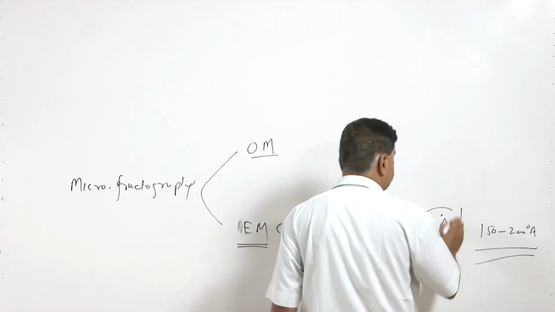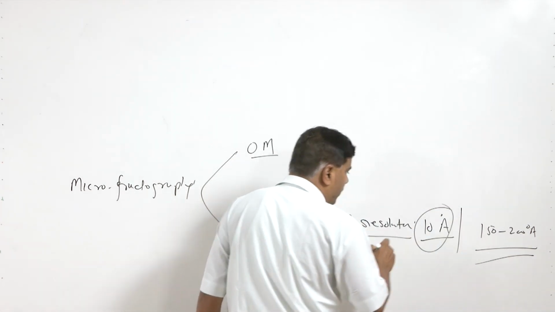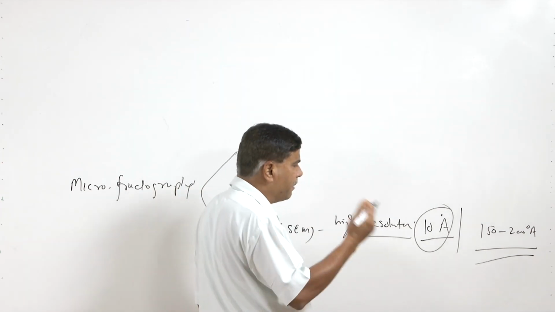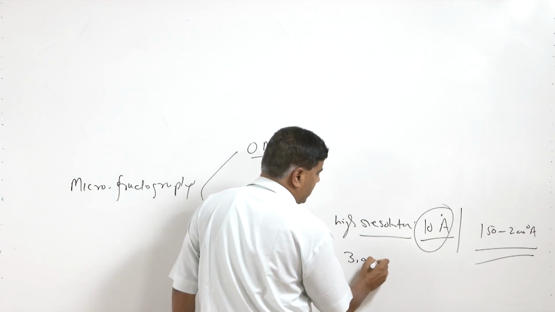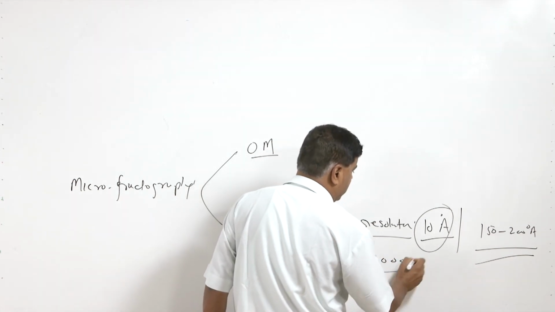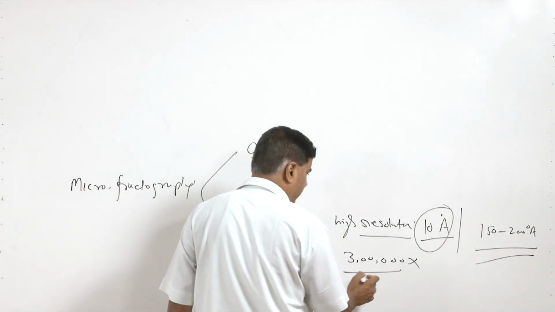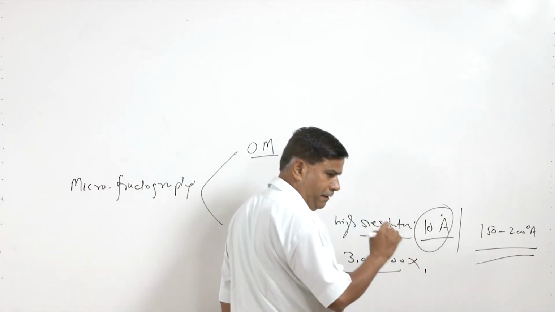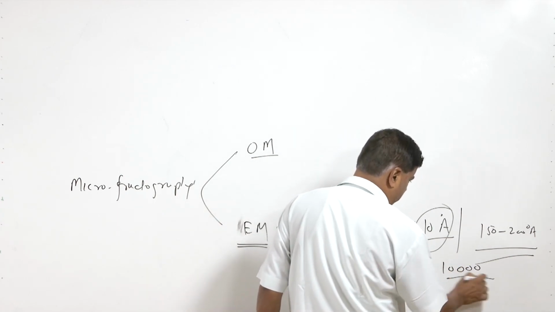So, this is the minimum size which can be resolved, and very high magnifications are possible, which can go as high as 3 lakh times the constituent.